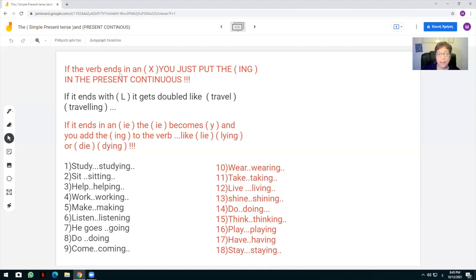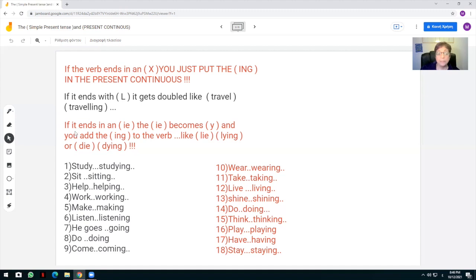If the verb ends in an E, you just put the ing. لو الكلمة بتنتهي ب E كل اللي عليك هو انك تحط ing. Okay, you just put an ing in the present continuous. If the verb ends with an L, it gets doubled. We put it twice, like the verb to travel becomes traveling.